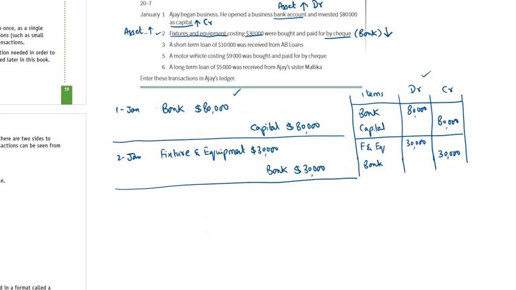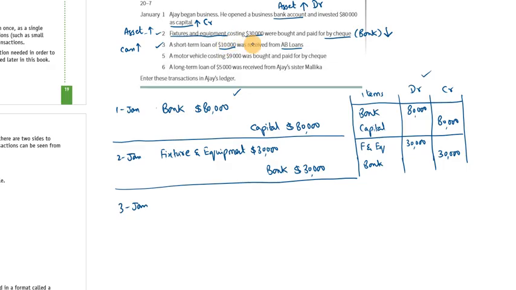What will be the third entry? The third entry is a short-term loan of 10,000 received from AB loan. Can we say this business took a loan from AB? So the business took a loan on 3rd January. If we took a loan from AB, business cash will increase.